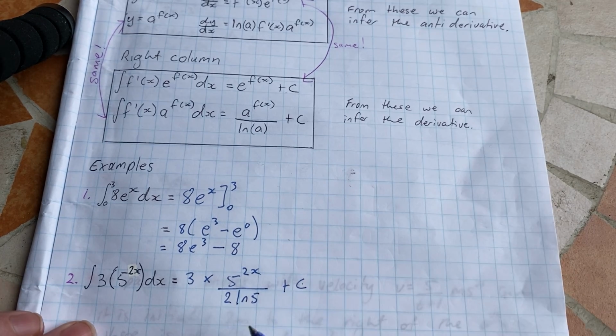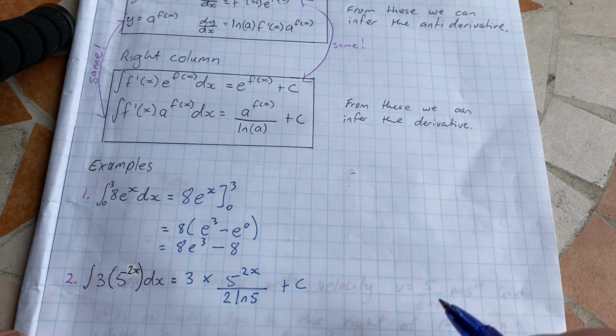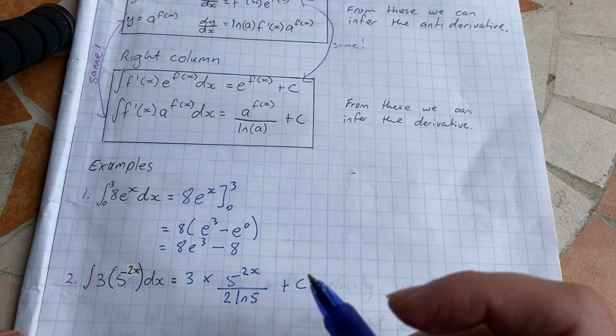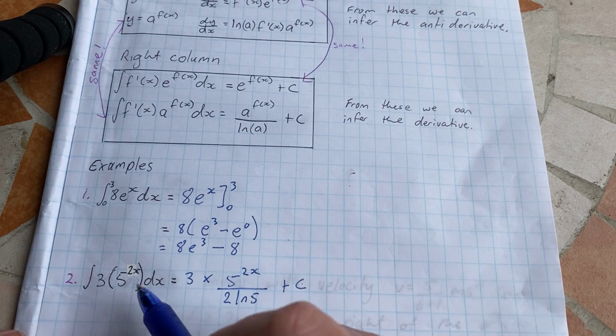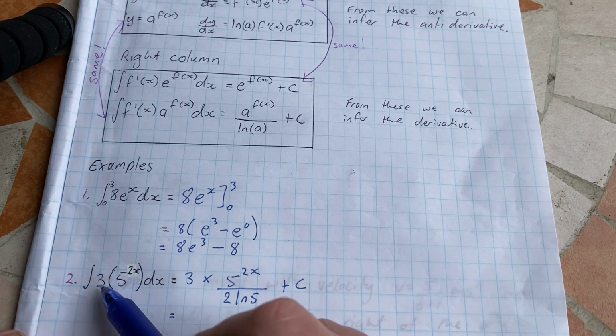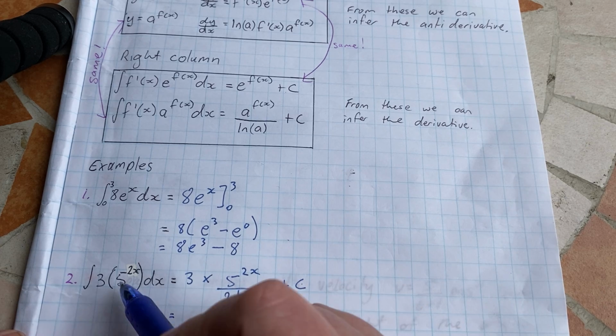Now, if I was in class, I would ask you right now if that's the same as 15 to the 2x. I'm not in class. I'm pausing for a second to see what you think. Pause the video and think about it if you want. The answer is no, it's not. Be really careful. I could have written that as 15 to the 2x, but it's not the same thing.